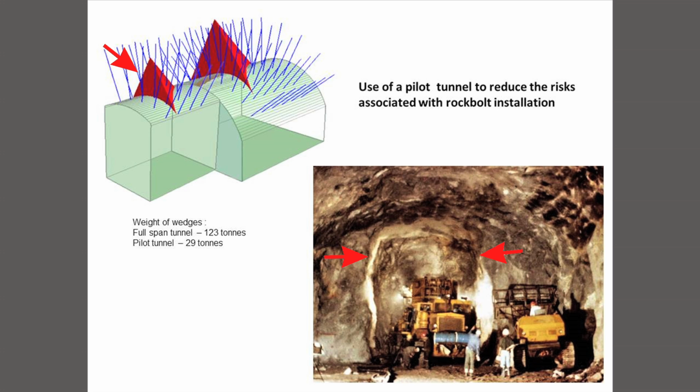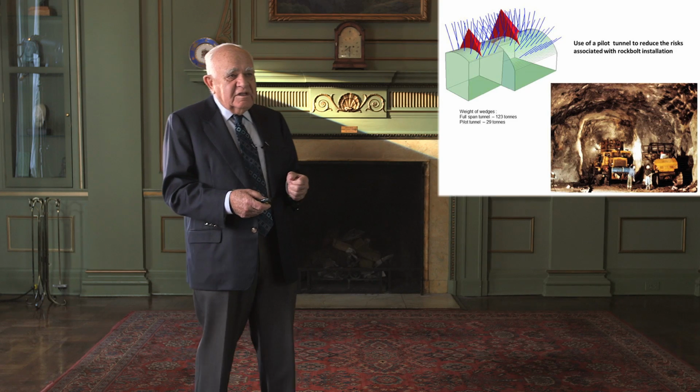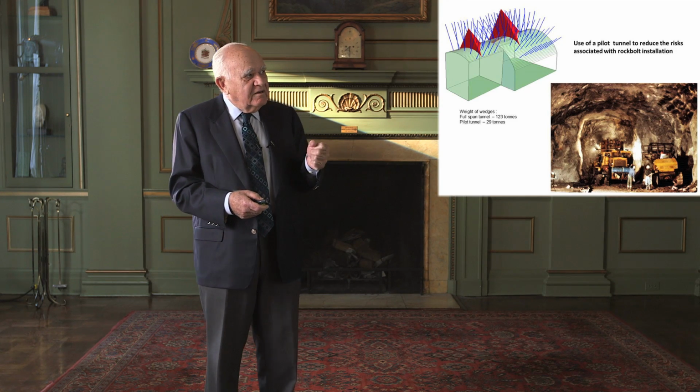It's also much more tightly clamped because you've got a smaller span, not as much relief, and so it's pretty much guaranteed that that wedge would be stable and you can get in there and put the bolts in.